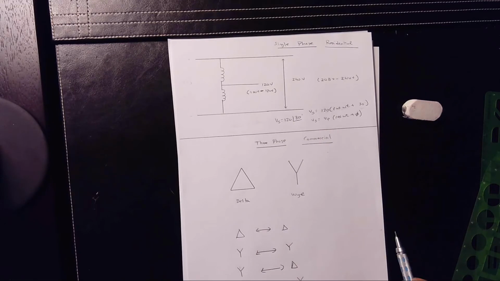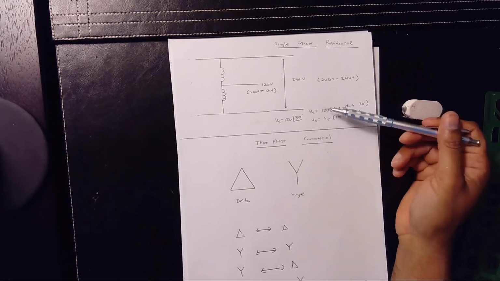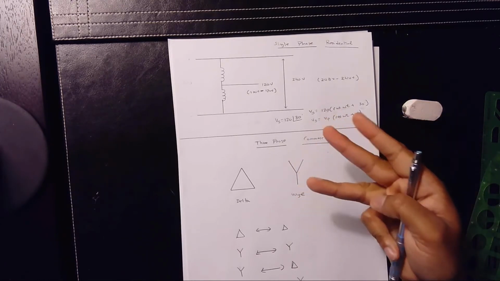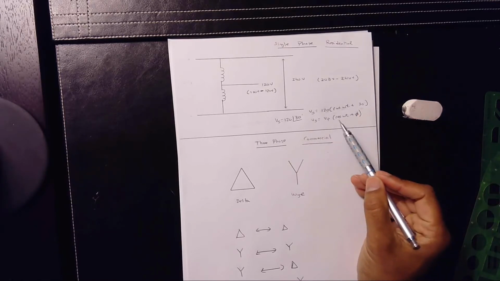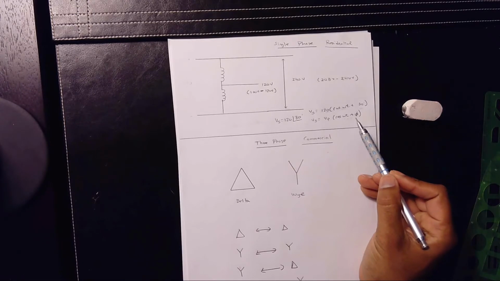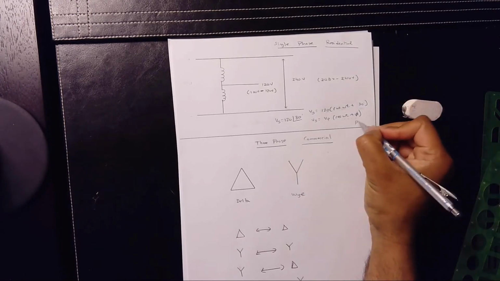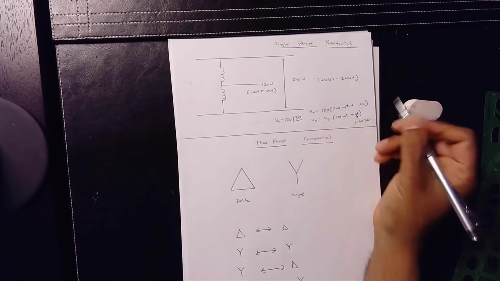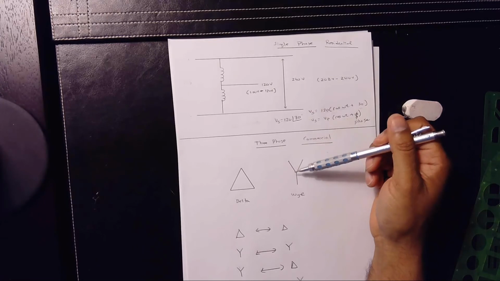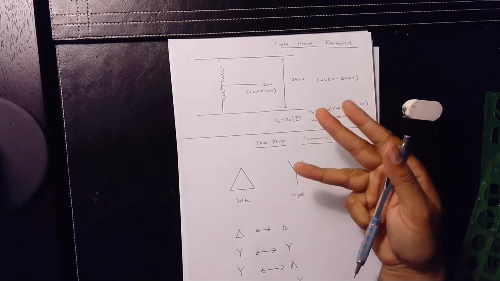So a three-phase basically means that it's coming in at the same voltage, but at three different angles, hence three phases. VP cosine omega t plus phi. This is phase. So one voltage is coming in at three angles.